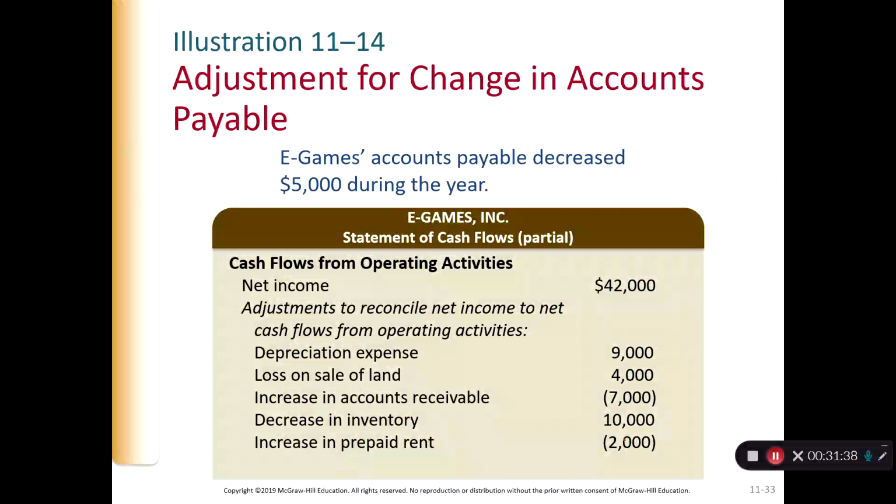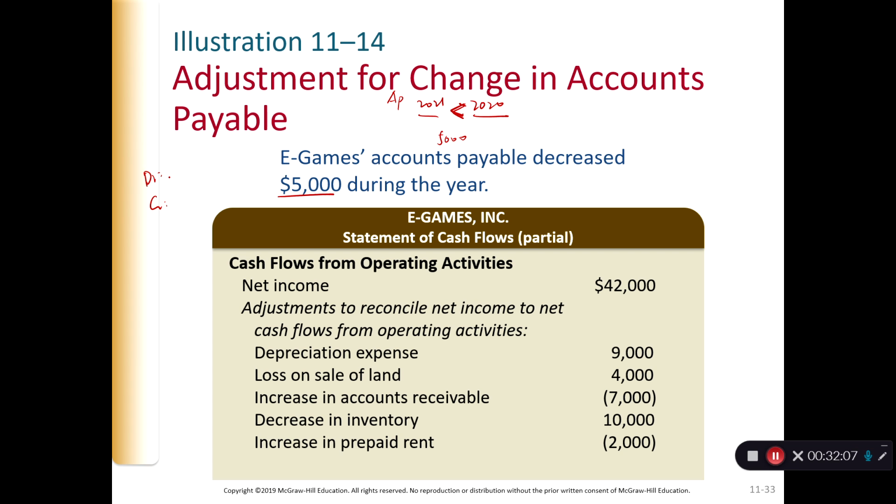Okay. And then also, accounts payable decreased by $5,000. How do we deal with that? This decrease in accounts payable indicates that the company paid, right? The accounts payable for 2021 compared to 2020 has decreased. So 2021's accounts payable is smaller than 2020's by $5,000.